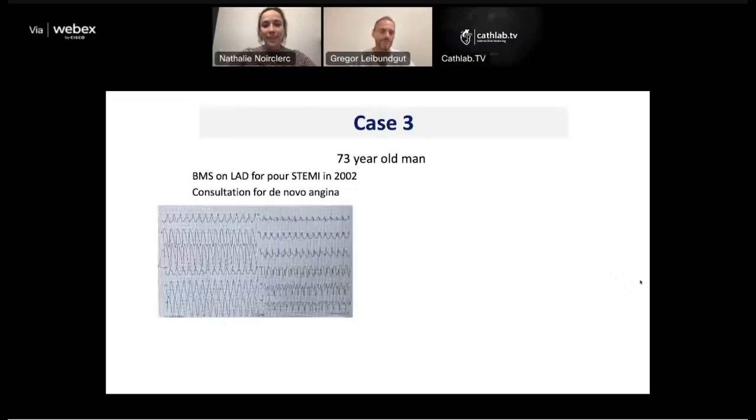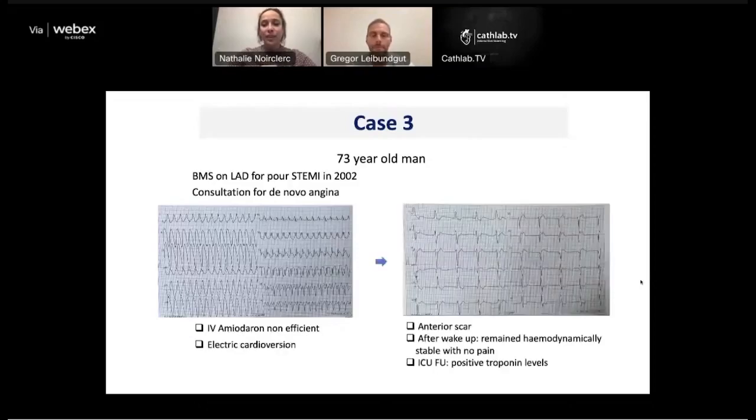There was no success of intravenous amiodarone, so he had an external shock. That led to the second electrocardiogram, which showed an inferior scar. After wake up, the patient remained stable with no pain, and so he was surveyed in the ICU.